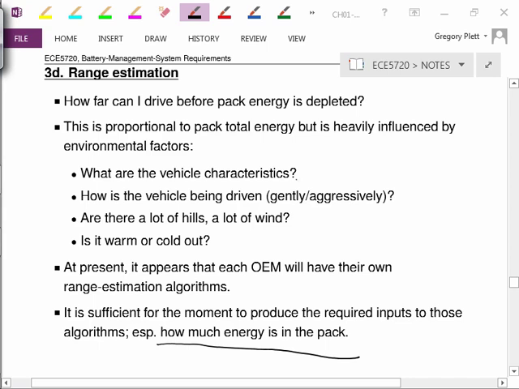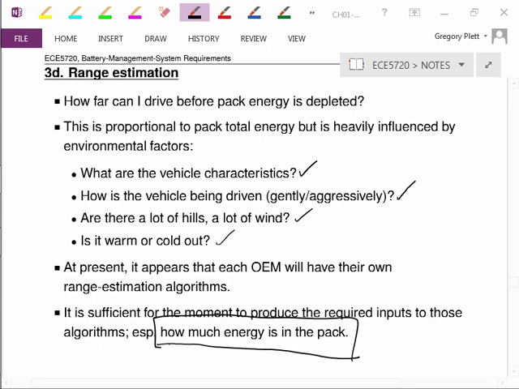Because if the vehicle computer knows the vehicle characteristics, how the vehicle's driven, maybe the GPS environment, the temperature outside, all it needs from the battery pack is how much energy is available to incorporate that into its own algorithm to figure out what range is. So that's our focus. Very primitive things like how much energy is available and how much power is available in the battery pack, and let the user compute the more application-oriented results instead.